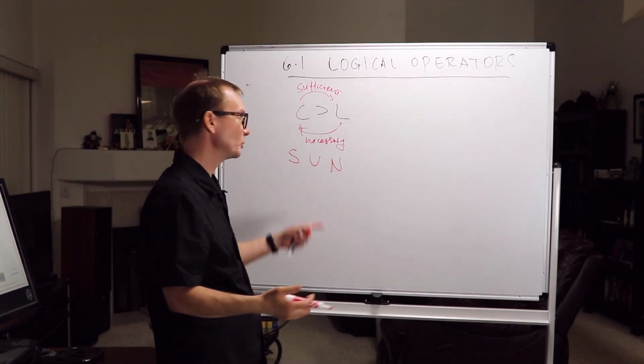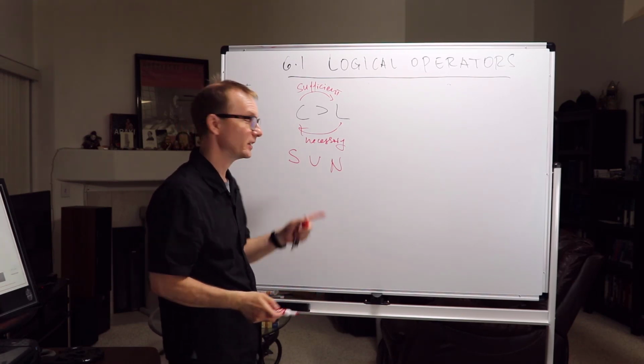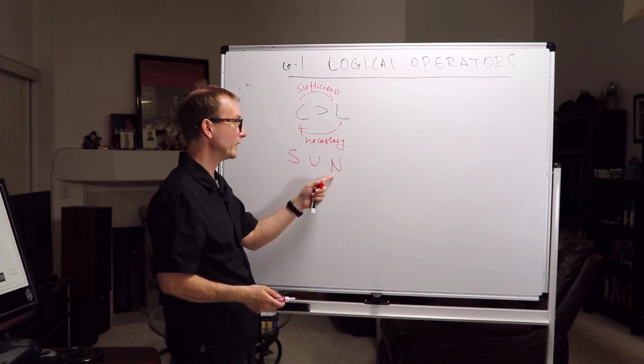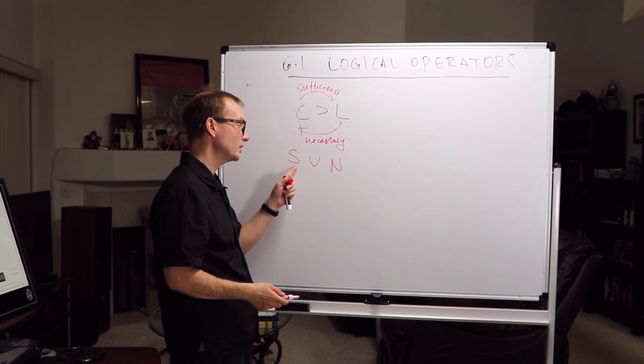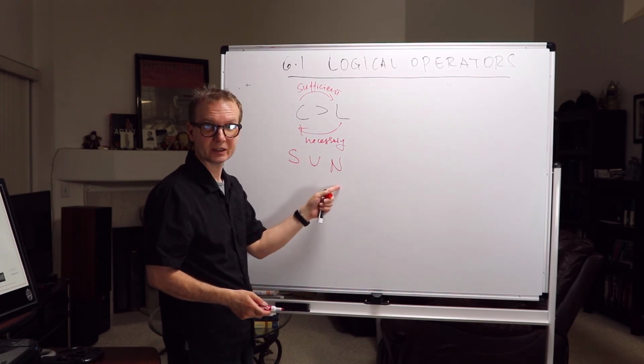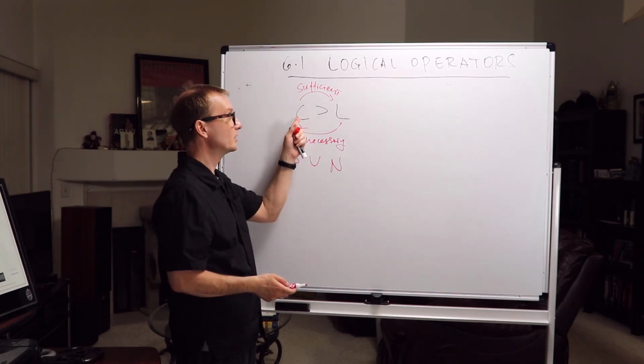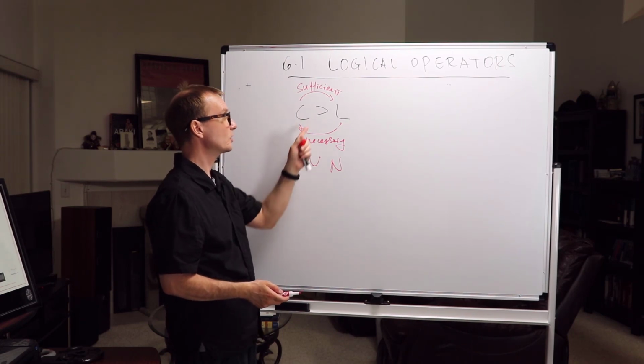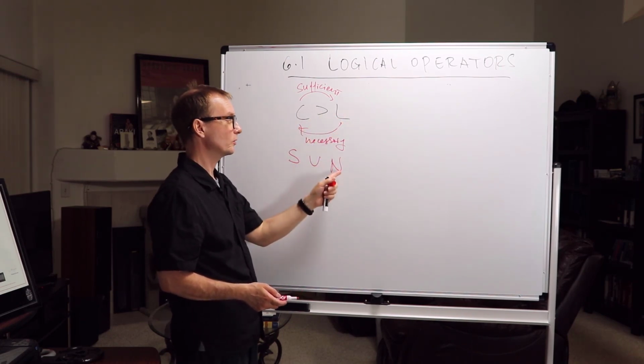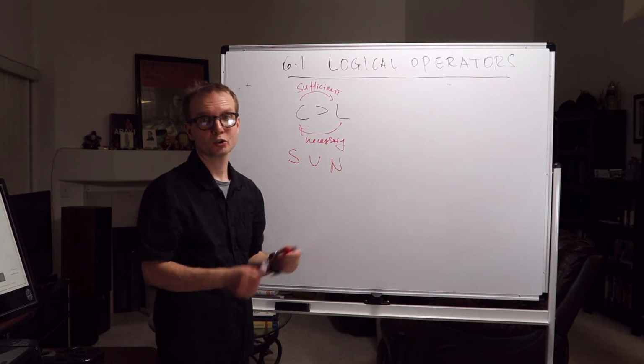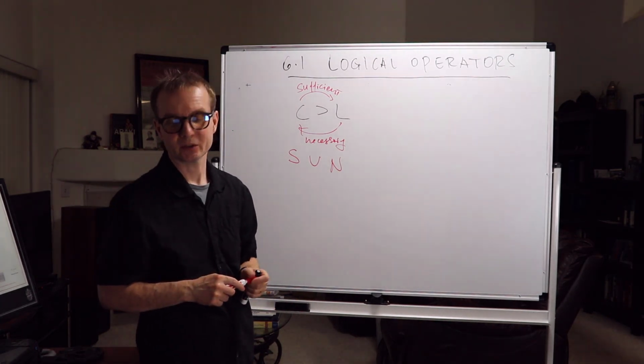So this is how you can remember what is sufficient and what is necessary. S-U-N, sun: sufficient condition, horseshoe, necessary condition. So the antecedent is always the sufficient condition, the consequent is always the necessary condition, and the horseshoe is just kind of sideways.